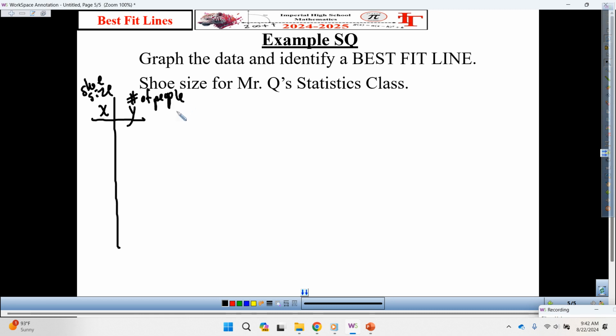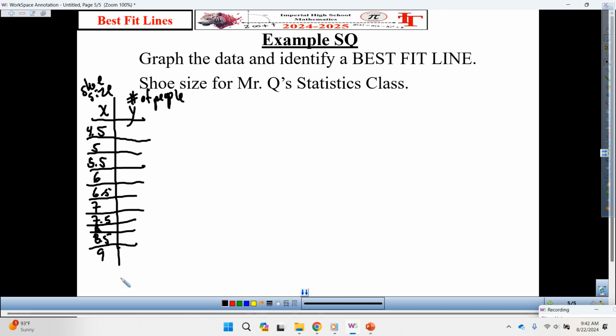So I'm going to start with, how about 4.5 size? Let's go to 5, 5.5, 6, 6.5, 7, 7.5, 8, 8.5, 9, 9.5, 10.